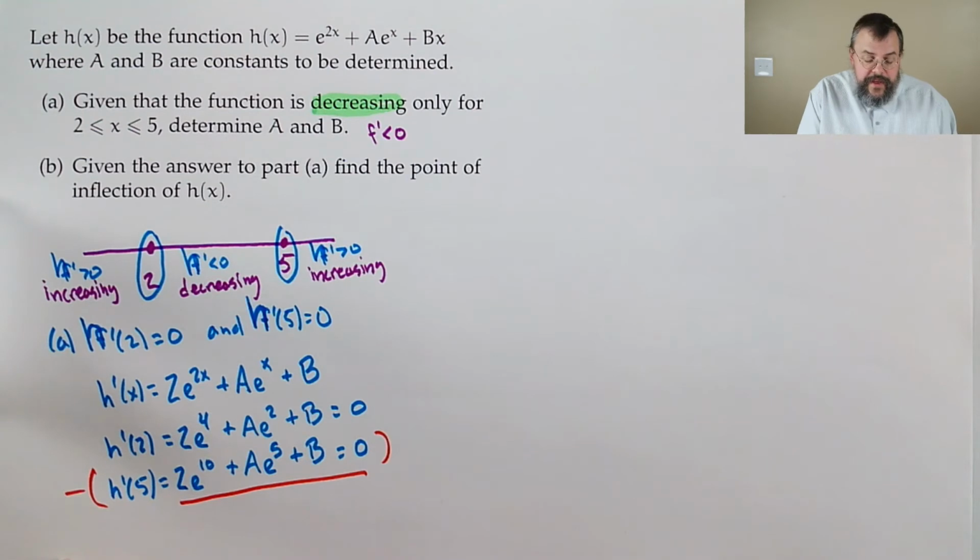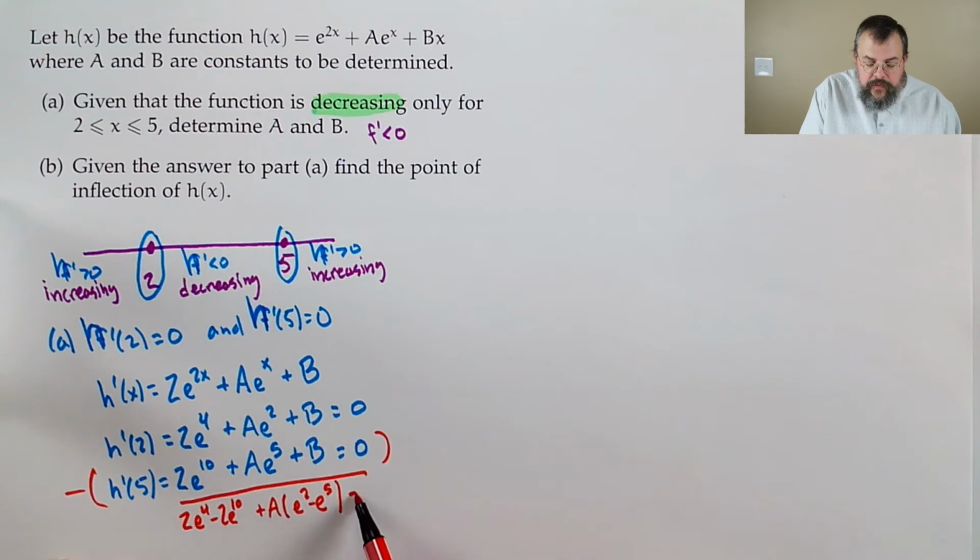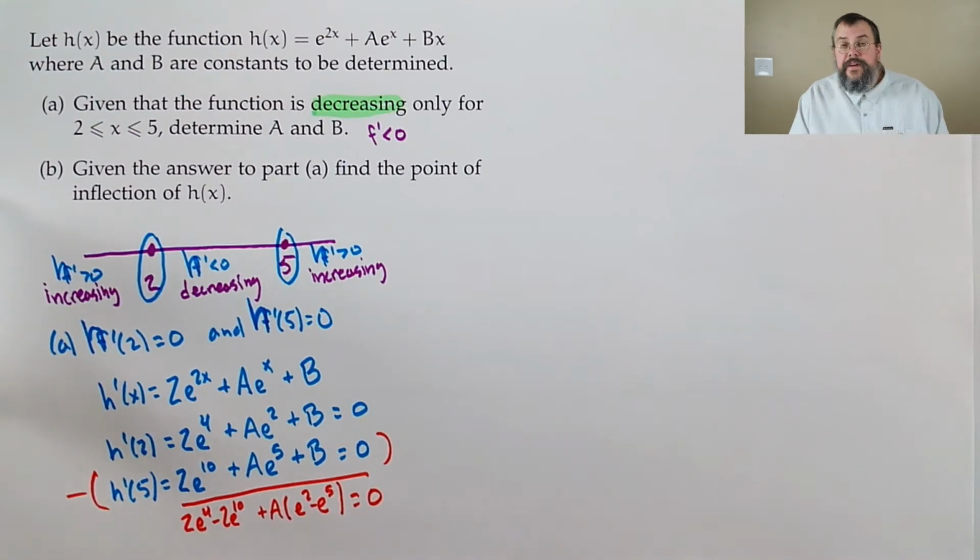Why not? So that would be 2e to the 4th minus 2e to the 10th. And then that's the first term, plus a, and I'll just subtract these pieces, e squared minus e to the 5th, and the b's cancel, and 0 minus 0 is 0. All right, nice. All right, cool.